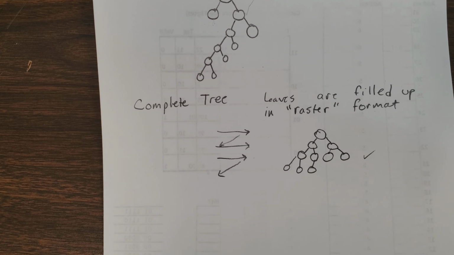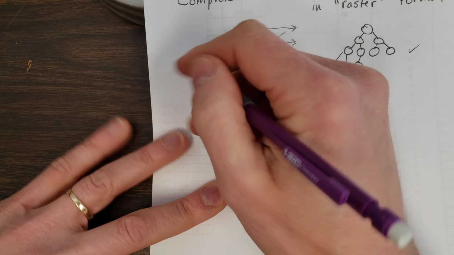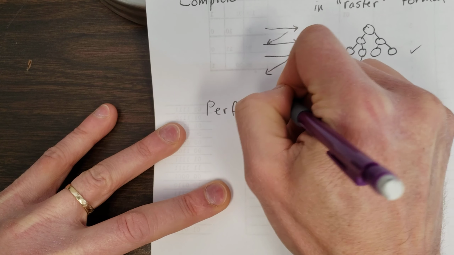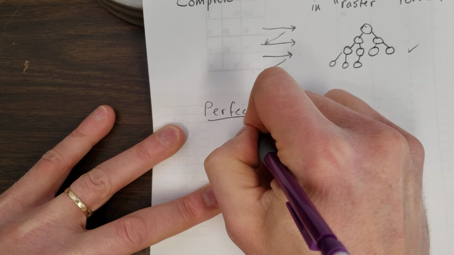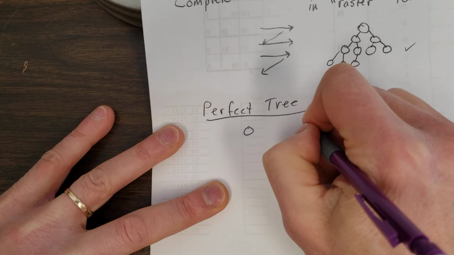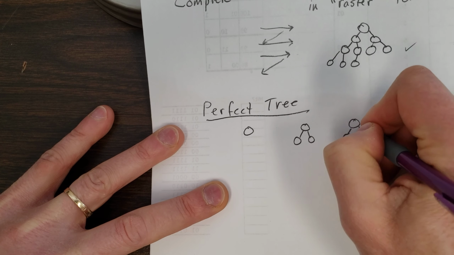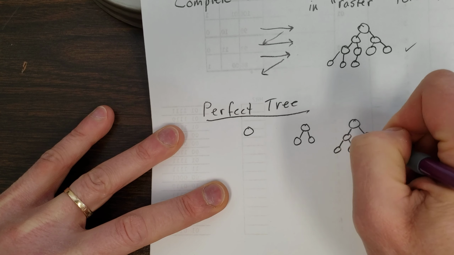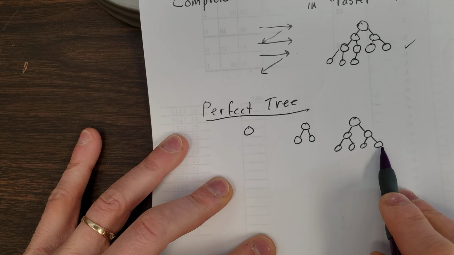Now, if we mash together the full tree and the complete tree concepts, we can get the perfect tree. A perfect tree looks like this, or like this, meaning it's completely filled up and all of its last rows are complete.